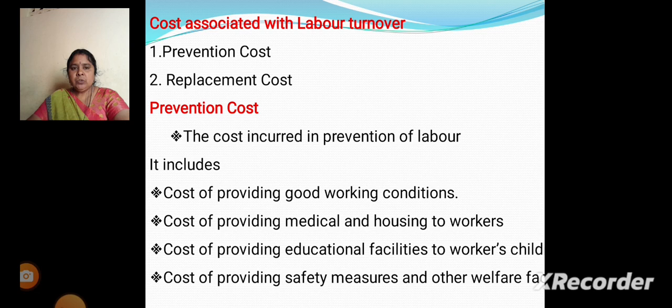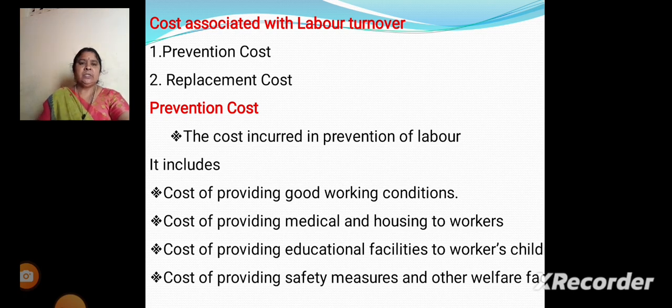It includes cost of providing good working conditions, cost of providing medical, cost of providing housing to workers, cost of providing educational facilities to workers' children, cost of providing safety measures and other welfare facilities.